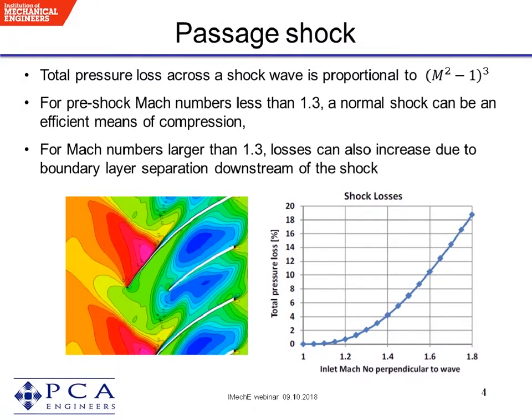This makes the shock itself an efficient means of compression, although the losses increase strongly with increasing the Mach number. However, for Mach numbers higher than 1.3, the losses can increase so significantly due to possible boundary layer separation downstream of the shock.